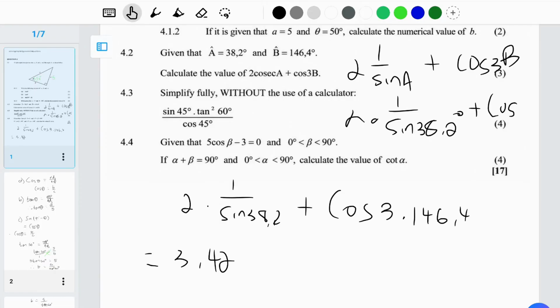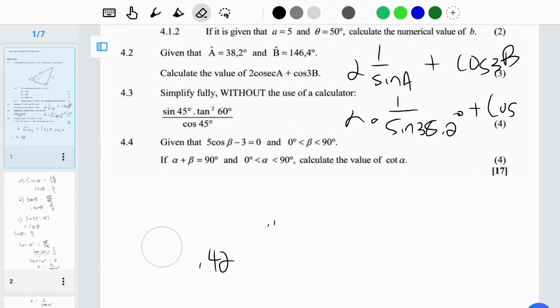We need to get all this information down, so I'm going to erase the previous one and write it over here.